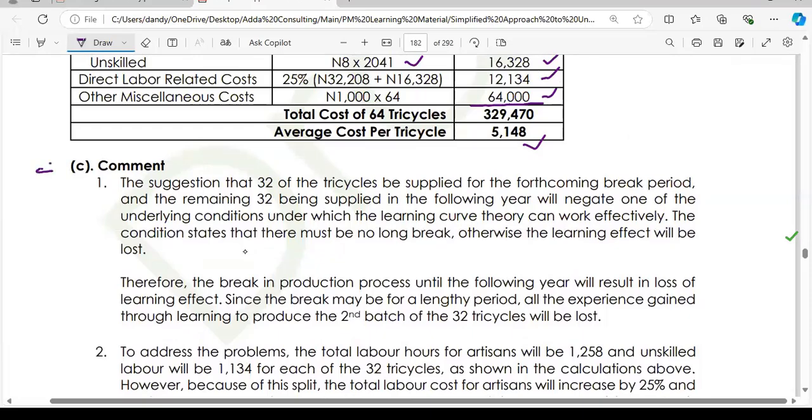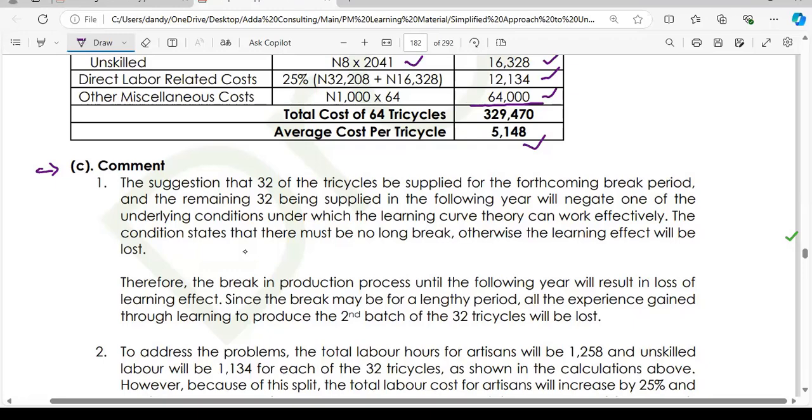Requirement C, our comments. The suggestion that 32 of the tricycles be supplied for the forthcoming break period and the remainder of 32 being supplied in the following year will negate one of the underlying conditions under which the learning curve theory can work effectively.